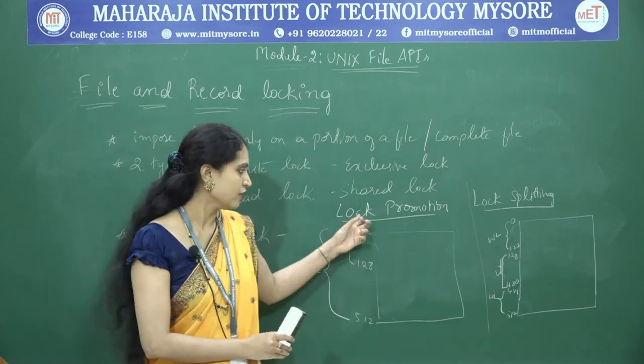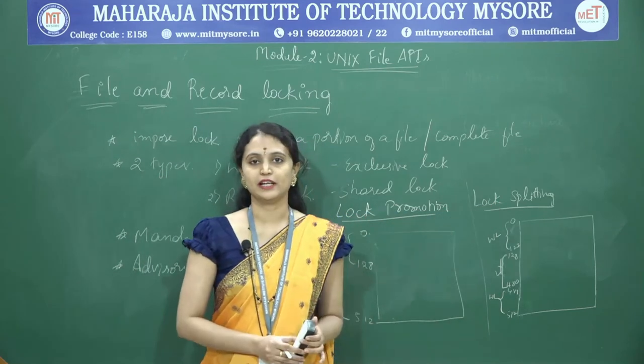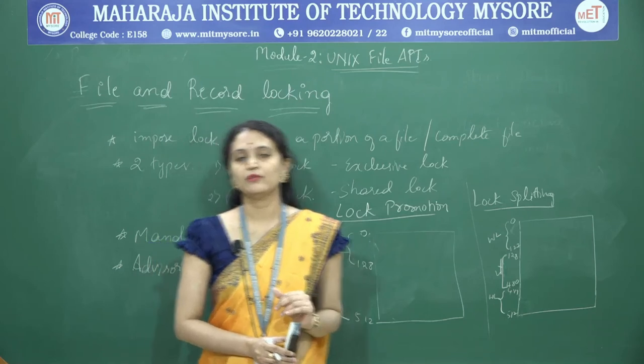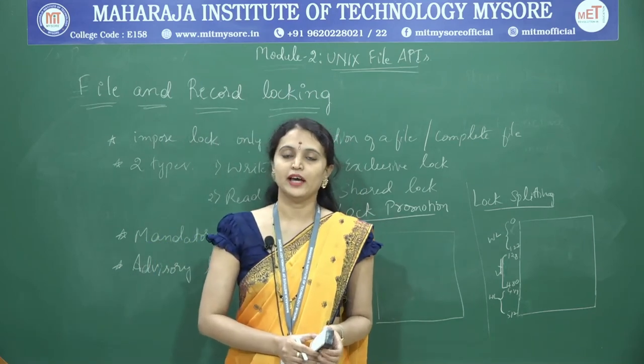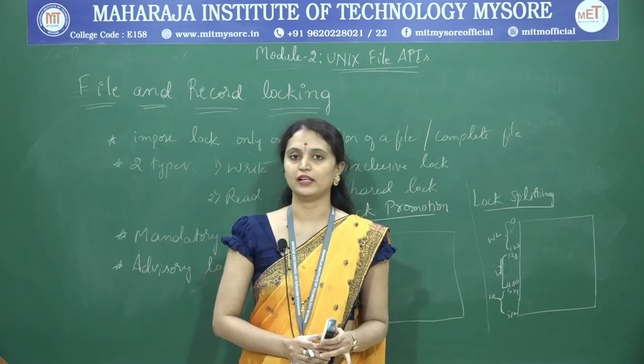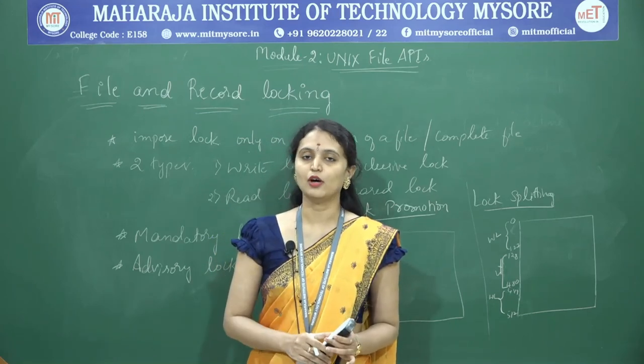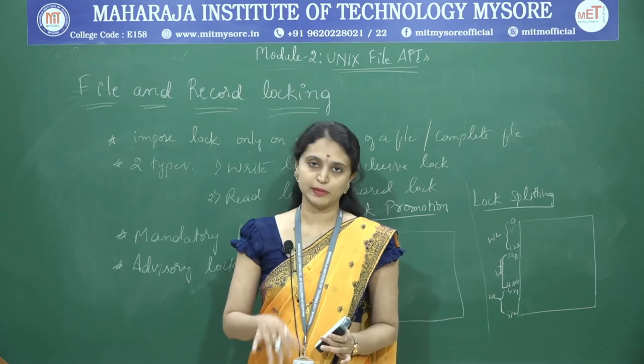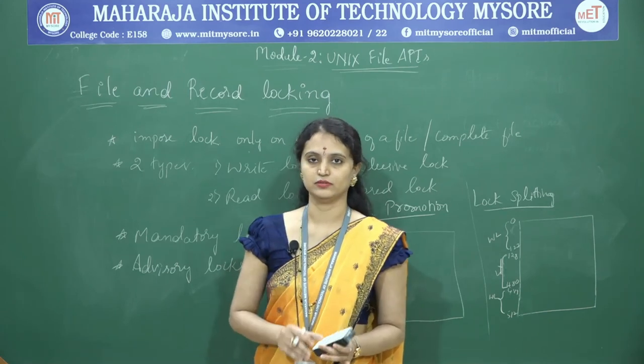So this is all about lock promotion and lock splitting. In a Unix system, we can make use of the API fcntl to impose a lock on a particular file. Now let's discuss how we can impose a lock by using this fcntl function.